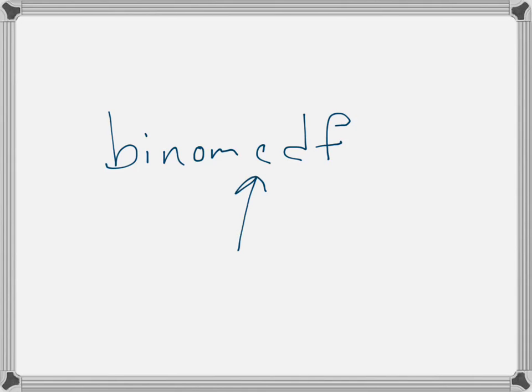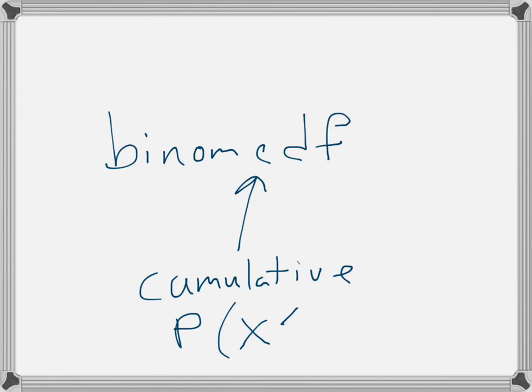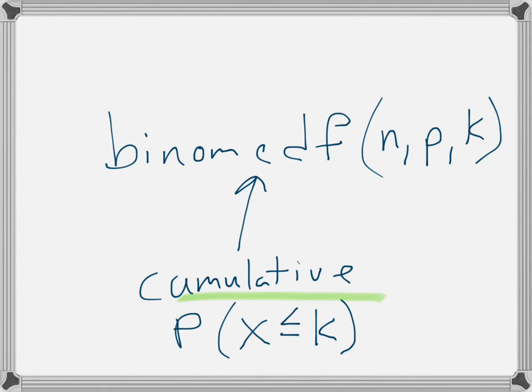CDF means cumulative. And that's not the probability that x equals k, but the probability that x is less than or equal to k. So binom CDF is n, p, k as well, we need to make the problem look like that.